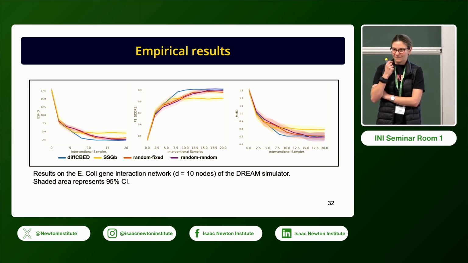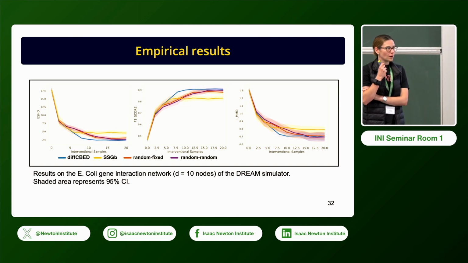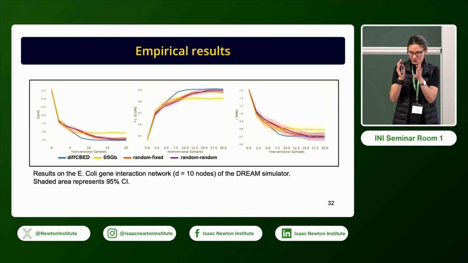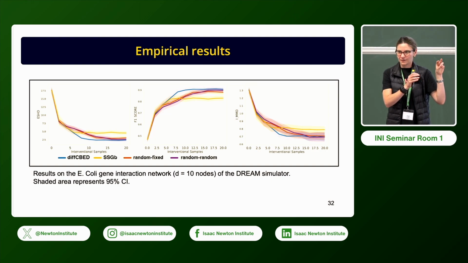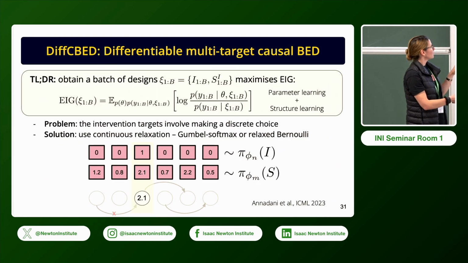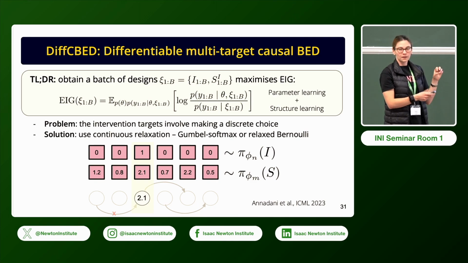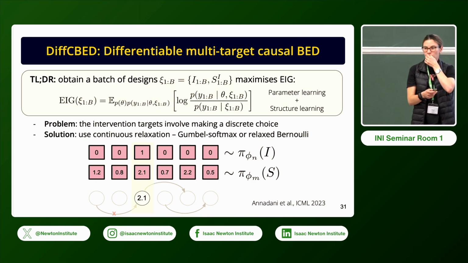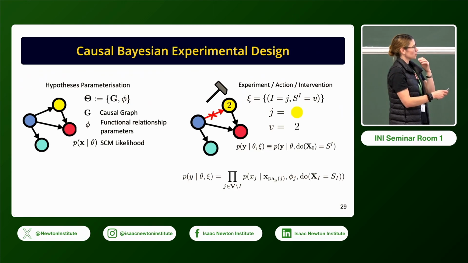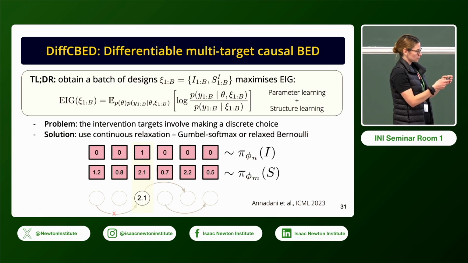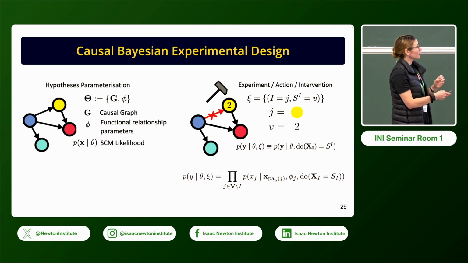I'm just having trouble. What does it mean when you go from 0 to 1 in your treatment? So I will need to get back to you for the specifics. There was someone else who knows more about the biology. On the previous slide, you had a load of zeros and ones, so you're changing a 0 to a 1. Yes. So what does that actually mean in this situation? It means we are setting the value of this node to a specific value.